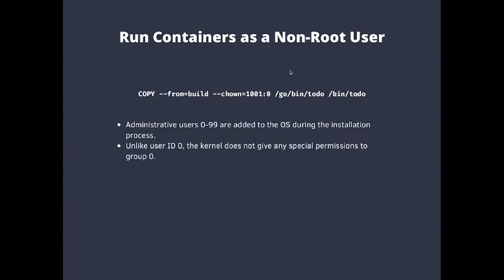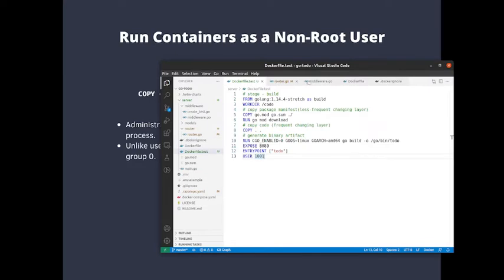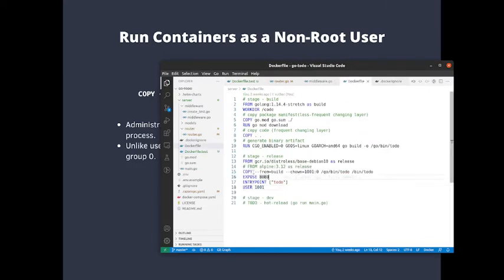We've seen this in our Dockerfile already. While copying that executable, we say changing the ownership. So we say user ID 1001, and we say the group ID will be 0.